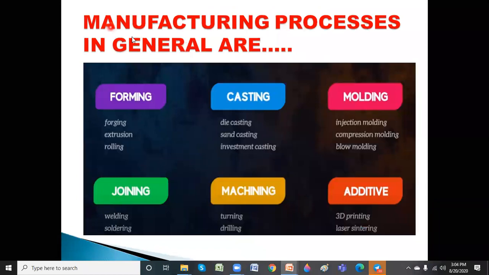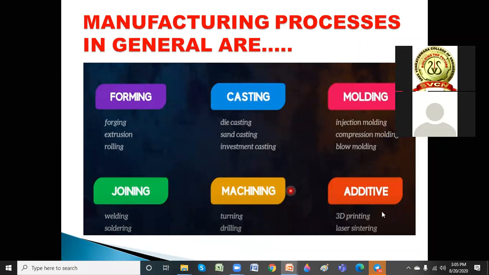Now, what is a manufacturing process? I think you are all aware of the different types. In general, these are conventional, except the last one, additive manufacturing: 3D printing, laser sintering. To start with, forming, for example forging, extrusion, rolling. Casting: die casting, sand casting, investment casting. Molding: injection molding, compression molding, blow molding.